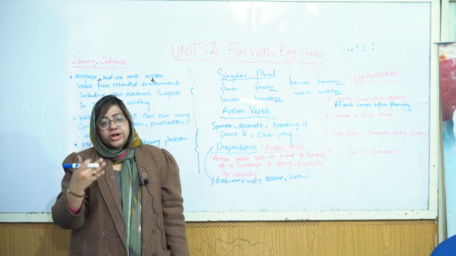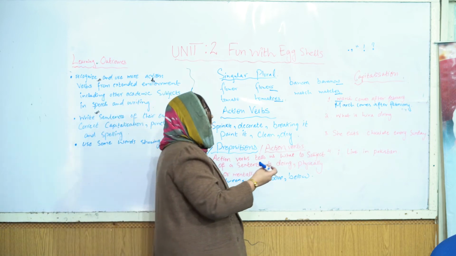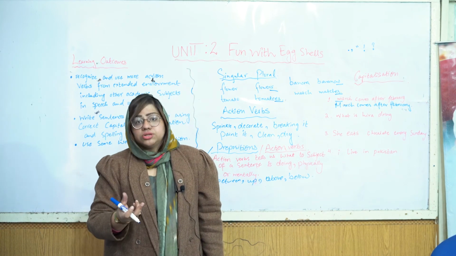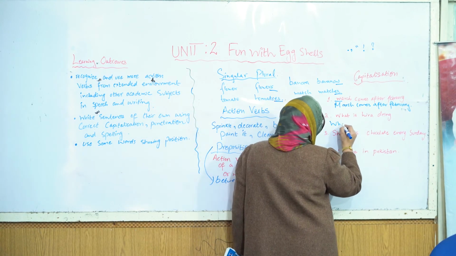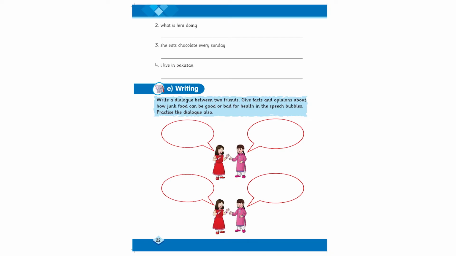We use them according to the requirement in a text. For example, in this case, what is Hira doing? This is the form of a question. So what we need to do is put a question mark here. So this is the form of punctuation that we used.